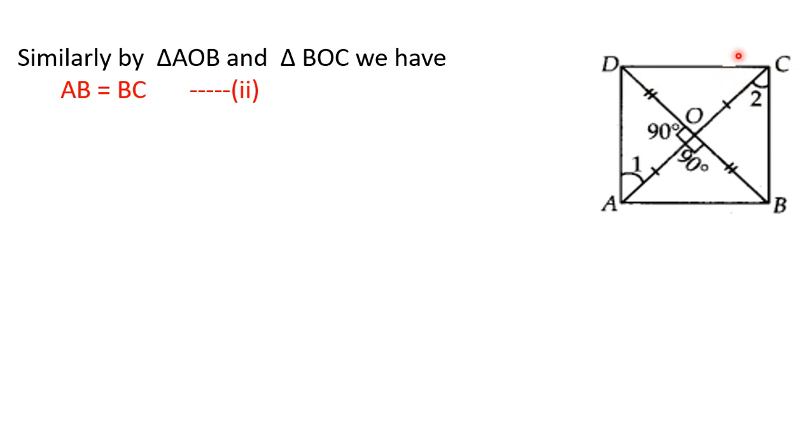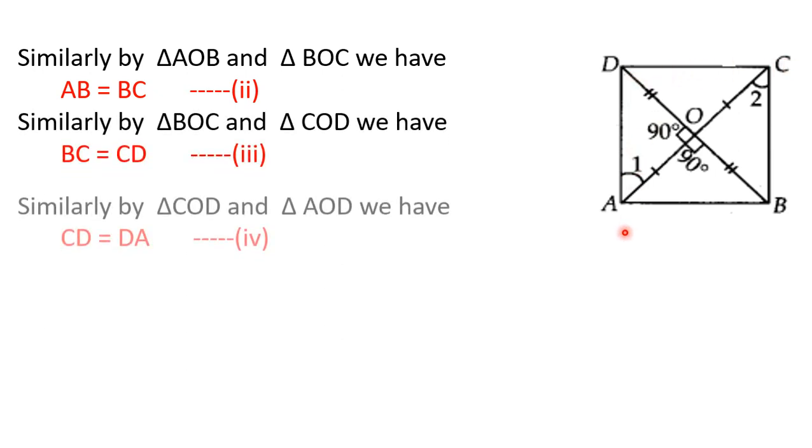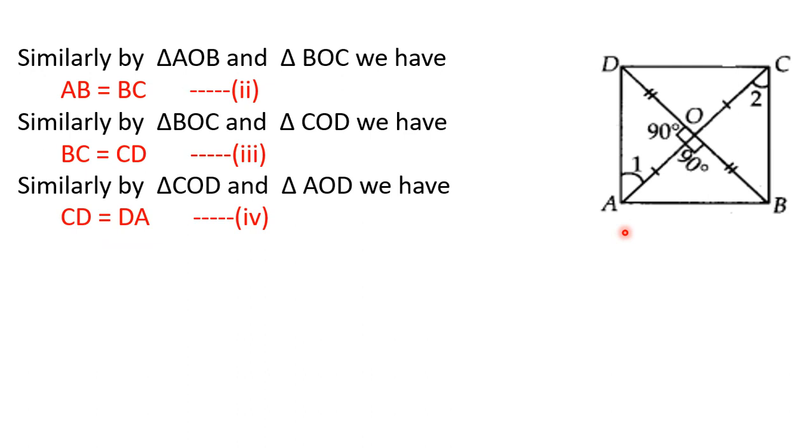Then last, we prove that triangle COD and AOD are also congruent. That means CD is equal to AD. So here the equations 2, 3 and 4, and earlier we got equation number 1.